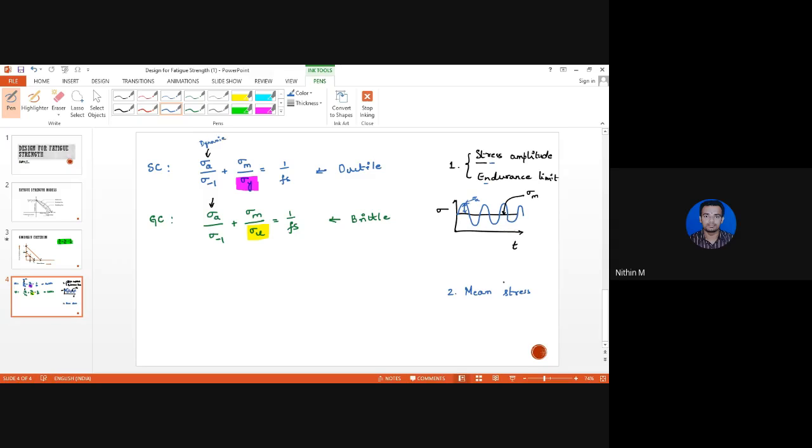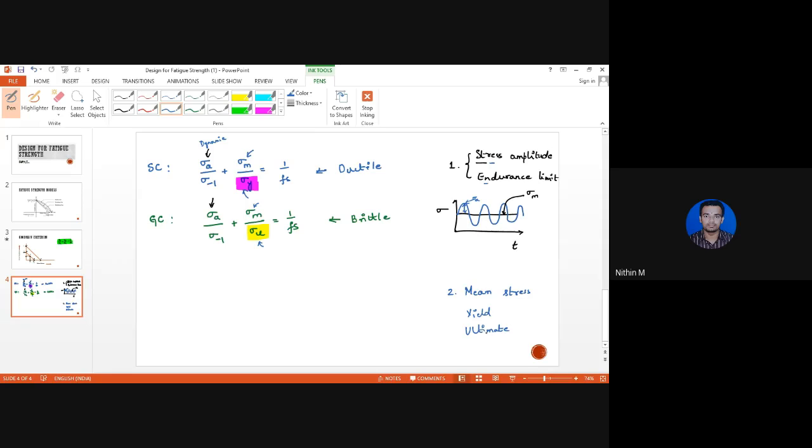Similarly, the term mean stress is coupled with the yield strength of the material in the first equation, and it is coupled with the ultimate strength of the material in the second equation. Basically, these are static in nature. Yield strength as well as ultimate strength represent a static state of stress.